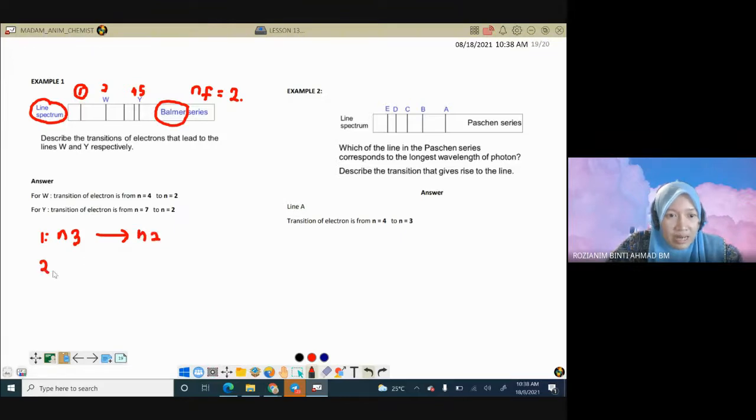Line number 2, N4 to N2. And line number 3, N5 to N2.